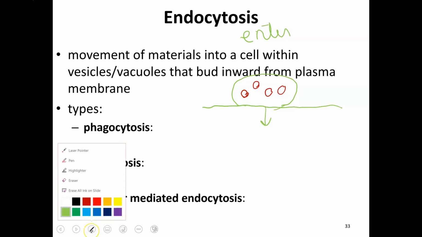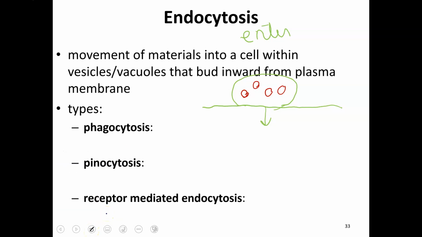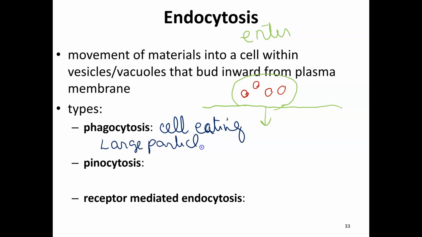And so there are three types of endocytosis: phagocytosis, which we typically think of as cellular eating. So in this case, we're taking in large particles. And not all cells can phagocytose material. So only specialized cells are able to undergo phagocytosis. In the human, we have certain white blood cells that do this.